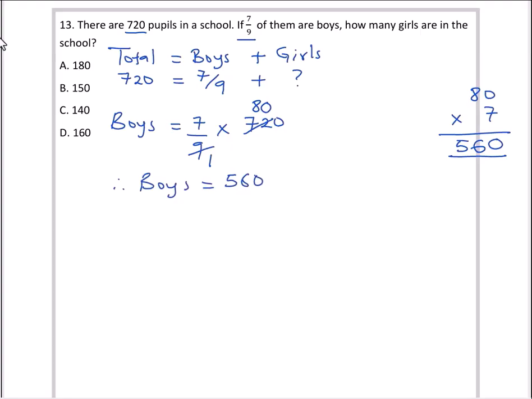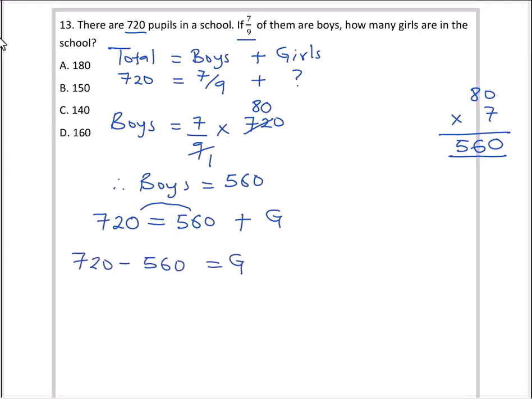Now we know that there are a total of 720 persons in the school and the boys are 560. We can actually solve for girls now. So let's say girls is G. To solve for girls, what we simply do is move this to the other side, that's subtracting 560 from both sides. So 720 minus 560 is equal to girls.